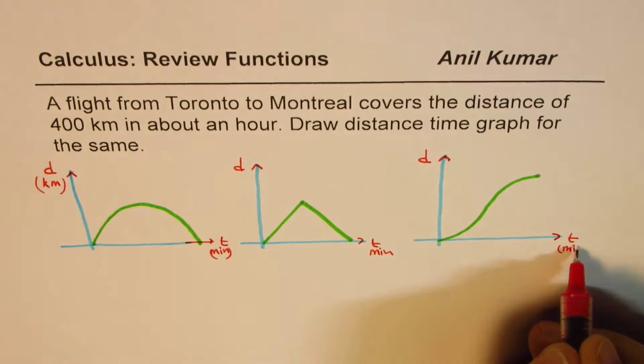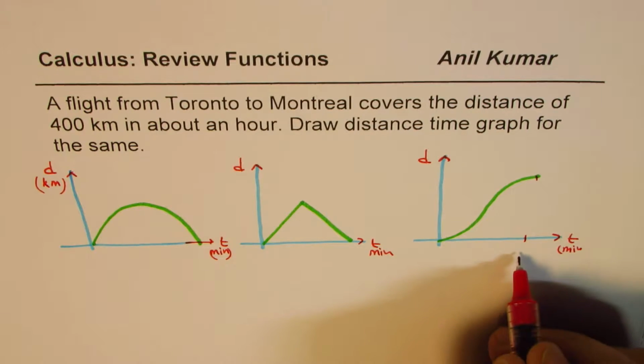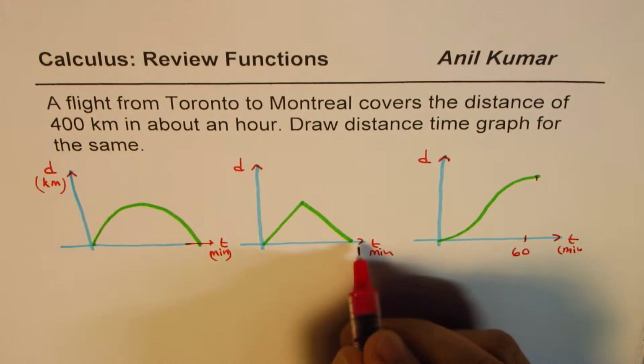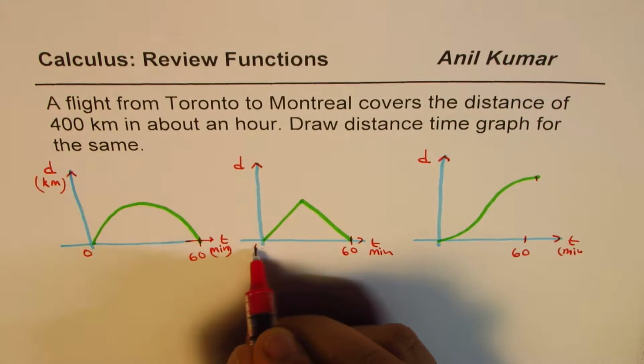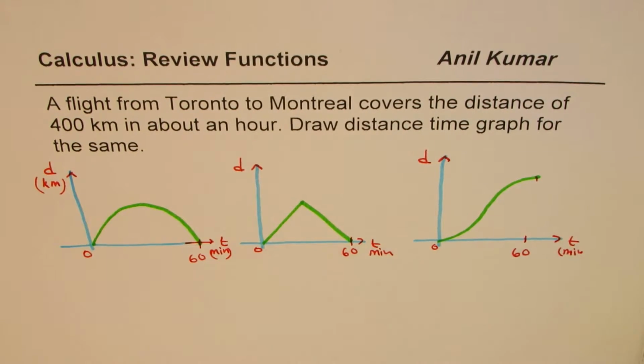So if time is in minutes, this point here is 60 minutes, right? That is of course 0, right? So that is the kind of graph which we normally see.